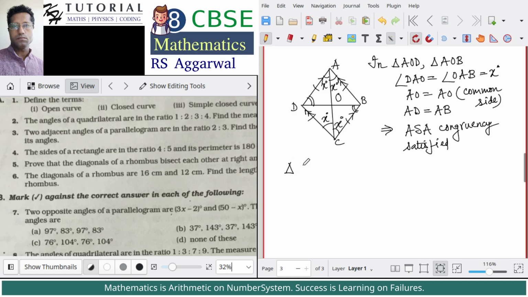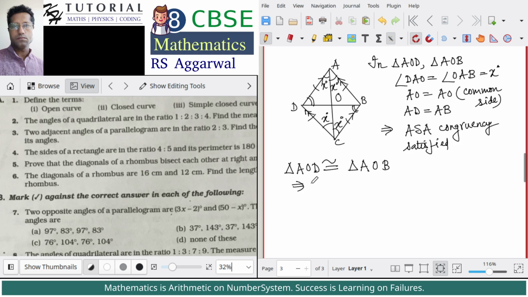Let's try to establish the congruence relation properly. Triangle AOD will be congruent to... AO is equal to AO, AD is equal to AB. So definitely A will have a correspondence with A only and D will have a correspondence with B. So this will definitely be O. So triangle AOD is congruent to triangle AOB.